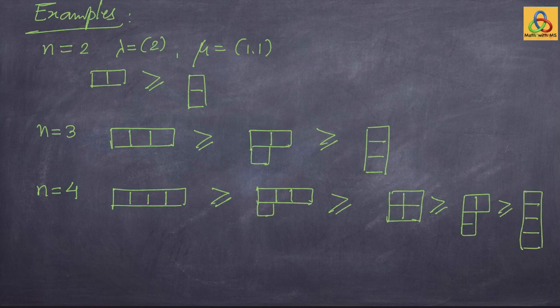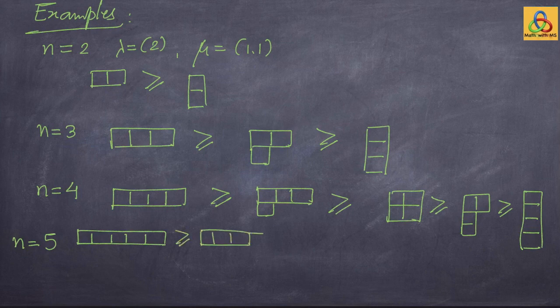Let me conclude with one more example. n equals 5. This is the partition of 5. This is bigger than or equal to the second partition, where you have 4 boxes in the first row and 1 box in the second row. This is bigger than or equal to the third partition, where you have 3 boxes in the first row and 2 boxes in the second row.